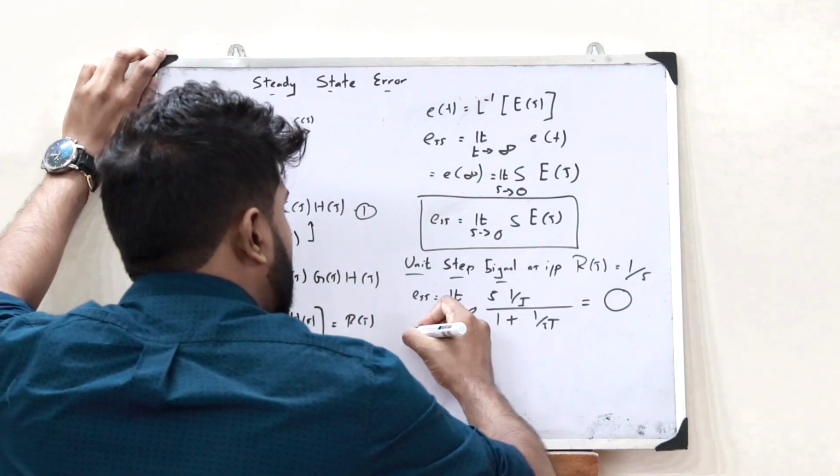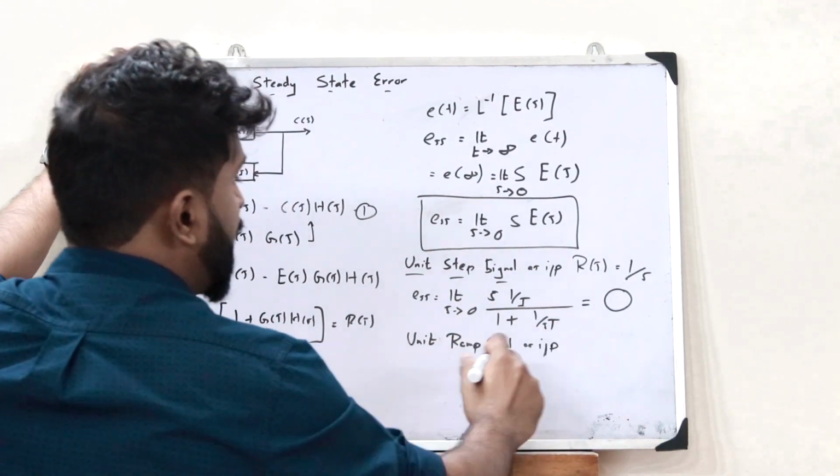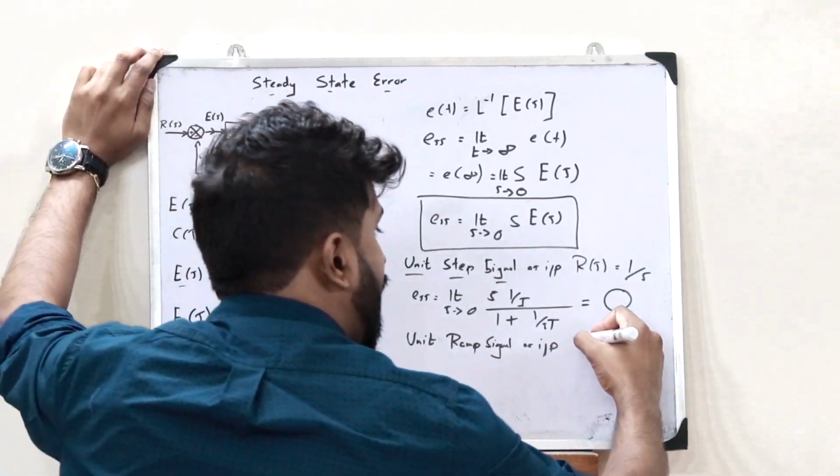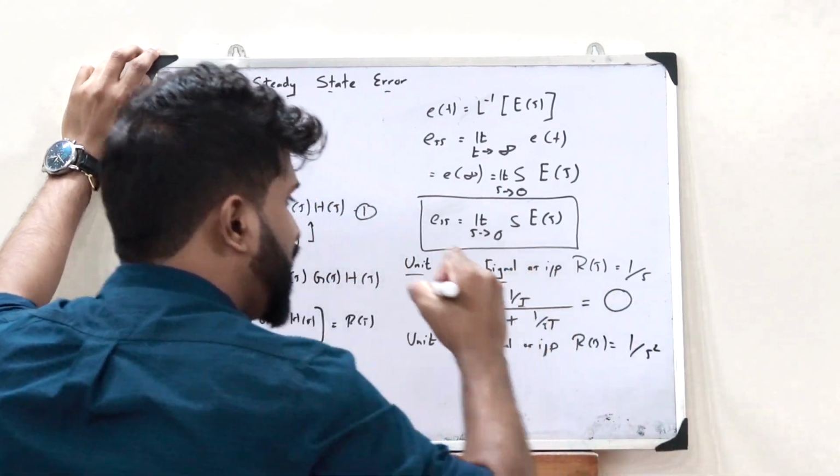Next, let us see what happens when we give a unit ramp signal as the input. When we give a unit ramp signal, R of S is equal to 1 divided by S squared.